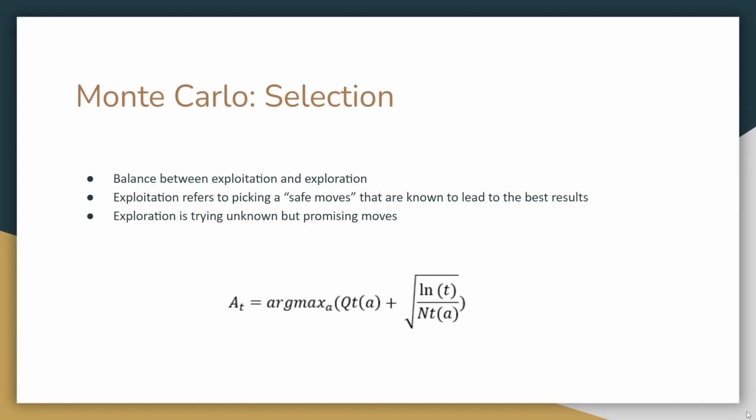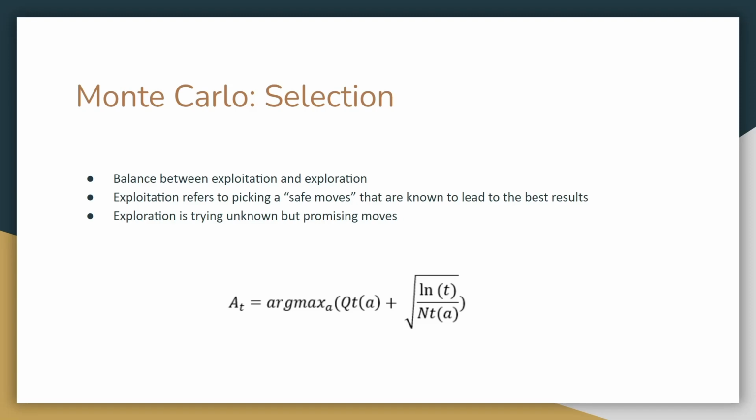There are two parts to it: the exploration and the exploitation. The exploitation side tries to pick a safe move that leads to the best results in general, and that's done with the Q(t,a) side of the formula. That's basically saying that node a has had significant success in the past, the highest success out of all the other nodes.